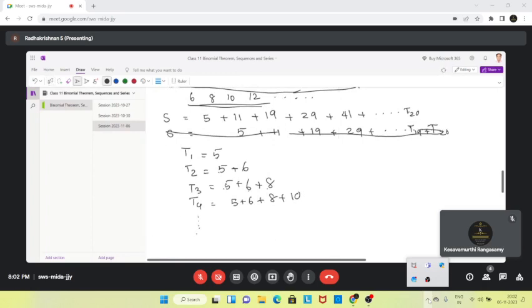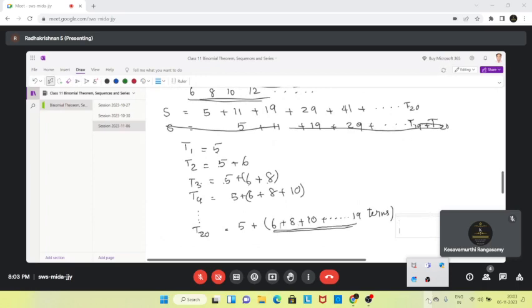So now T1, T2, etc., the Tn can be calculated using the arithmetic progression. So what will be your T20? Equal to 5 plus, see here T4, there are 3 terms like this, 6. So in T3, you have 2 such terms. So T20, you'll have 5 plus, 19 terms. See, this is an arithmetic series. So that is what makes it easy to solve. So we write the general term Tn in this manner now.